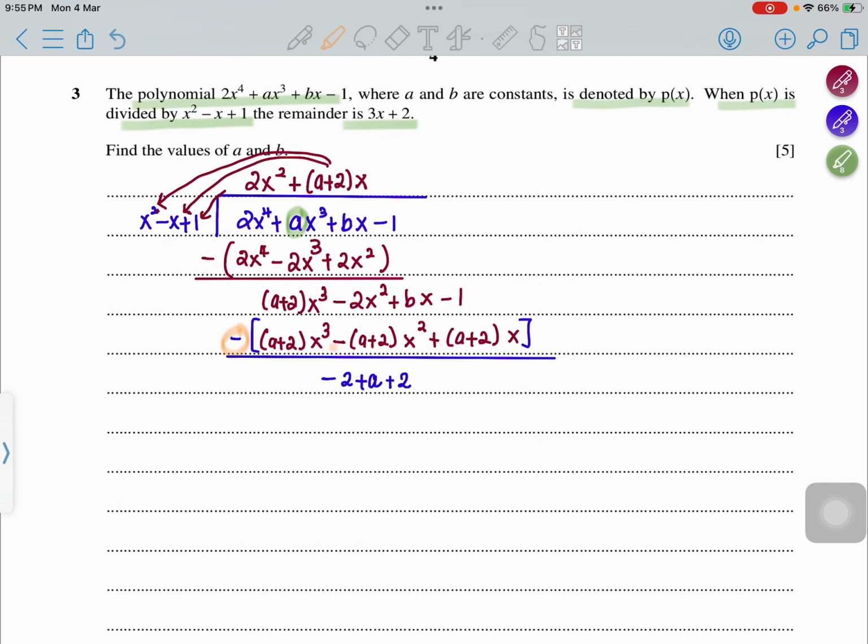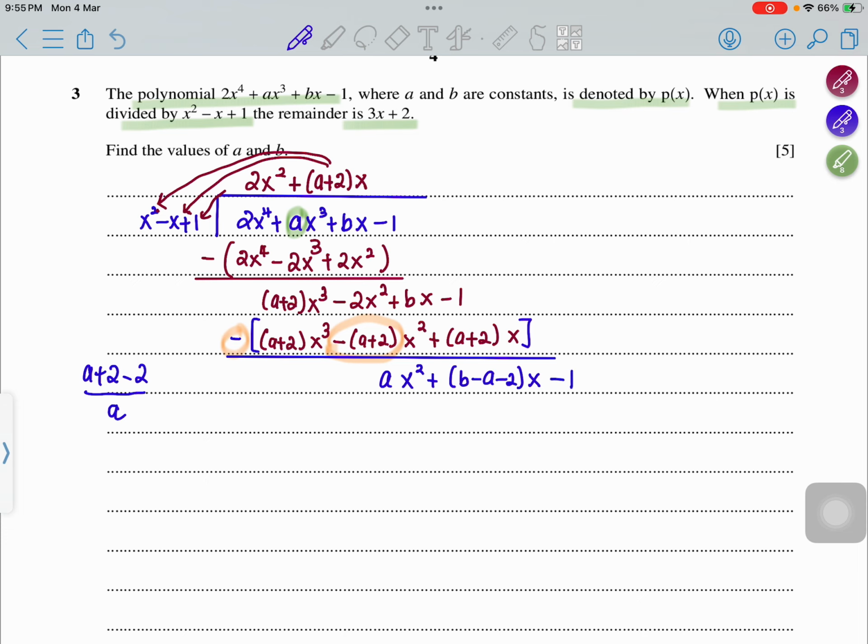See, do this minus with this one first. So what are you going to get? You're going to get a plus 2. You write separately here. And then there is a minus 2 on top. So minus 2. When you cancel everything, you're going to get a. So you can do slow, steady. Okay? a x squared. Now do for the next one. Plus b minus a minus 2x and then a minus 1.